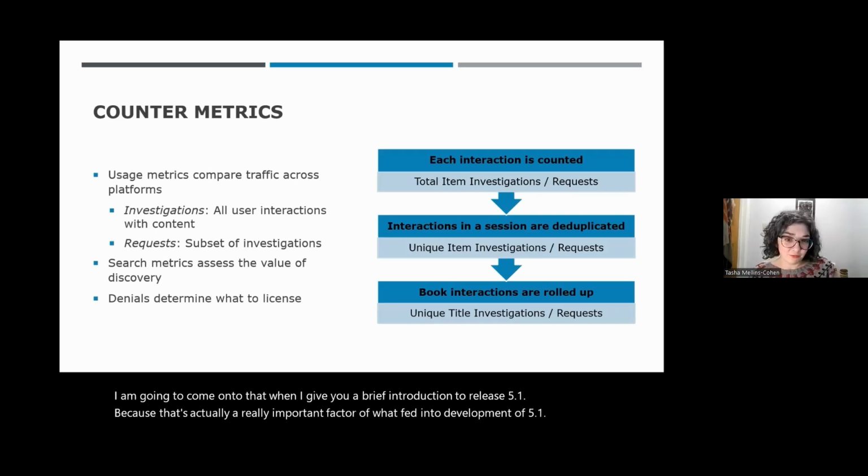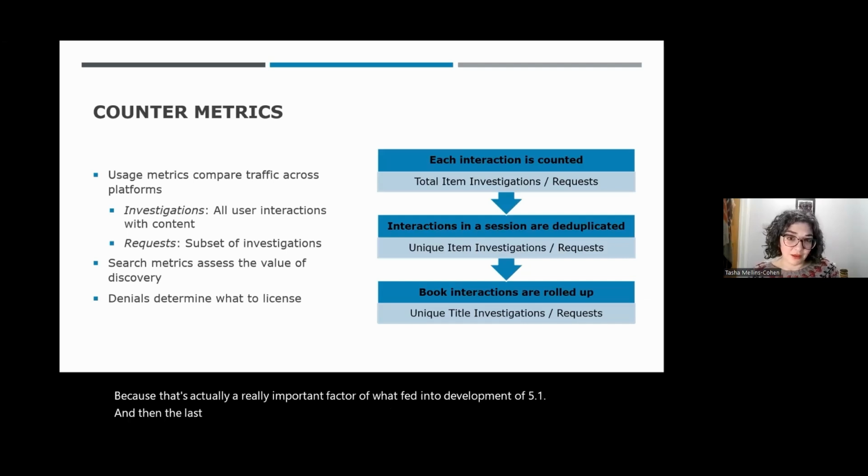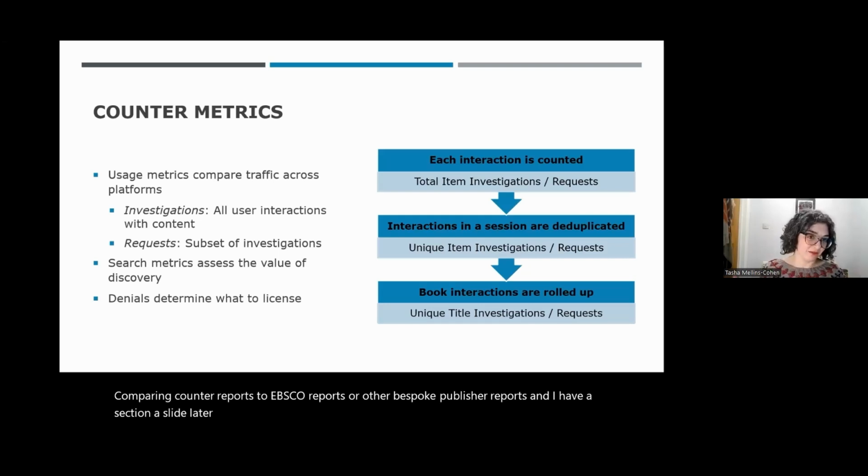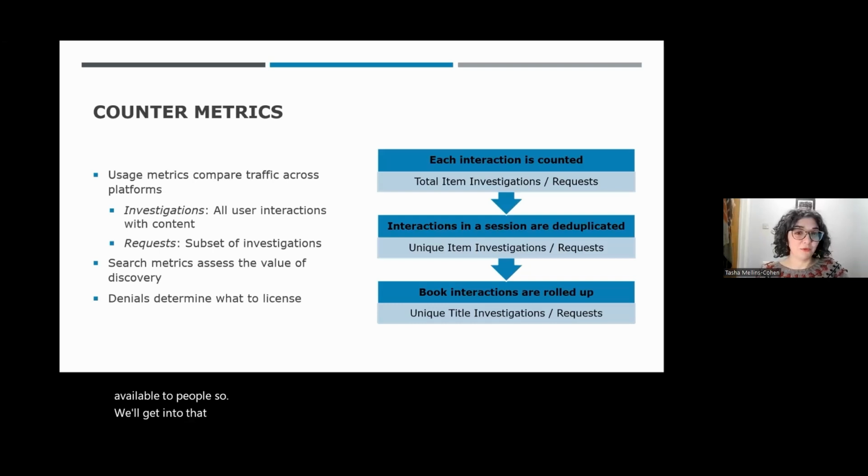And then the last comment was about comparing Counter reports to EBSCO reports or other bespoke publisher reports. I have a slide later about extending Counter reports and the non-Counter reports that are available to people, so we'll get into that there. But that was all from one comment, so I figured I'd address it in one go.